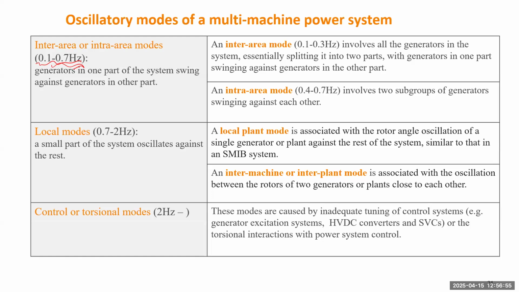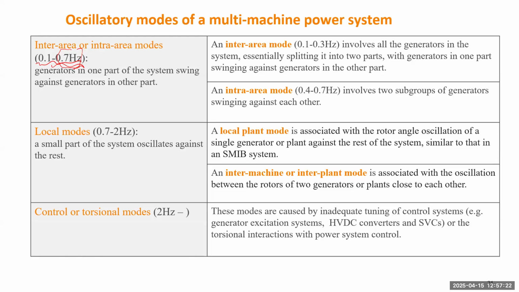So finally, you'll be able to see if the two areas are really far from each other, the frequency will always fall into this range, lower than 0.7 hertz. But if it's close to 0.7 hertz, it can be two groups of generators within the same region but oscillating against each other. So anyway, the first type, you can simply consider it as inter-area mode.